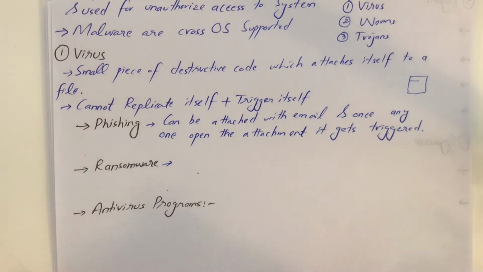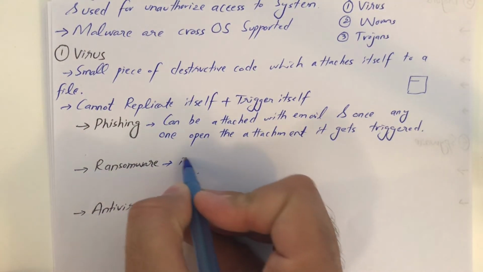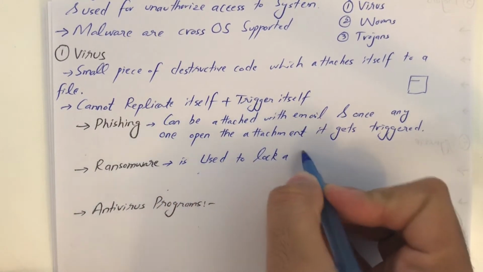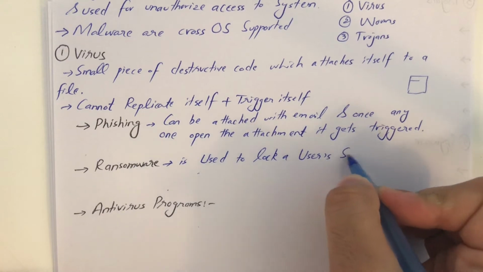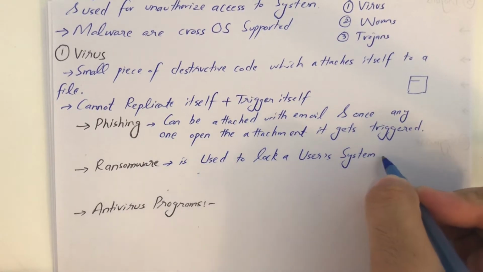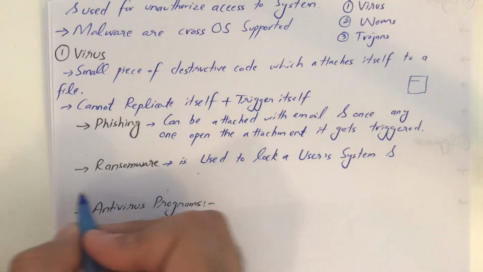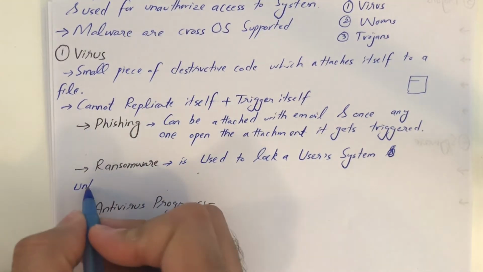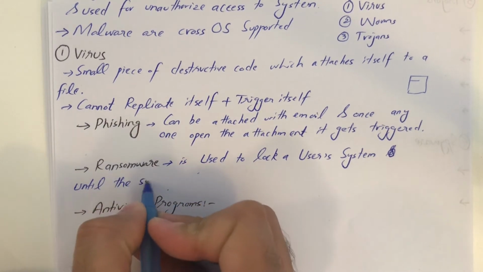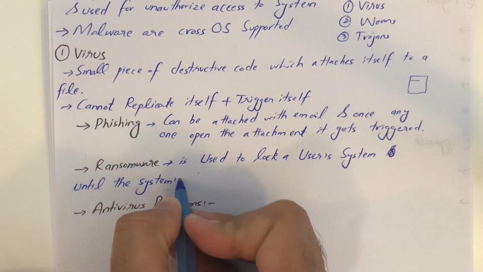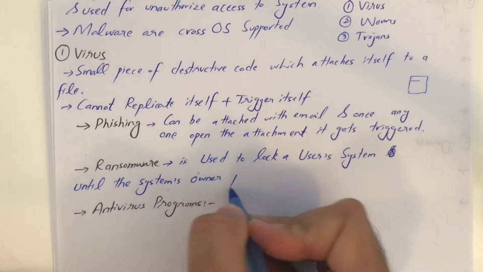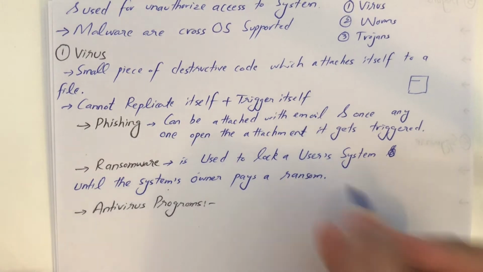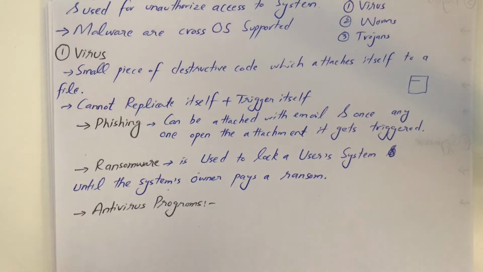The definition of ransomware is that it is used to lock a user's system until the system owner pays a ransom, or extortion money, in fact. So that's what ransomware is.